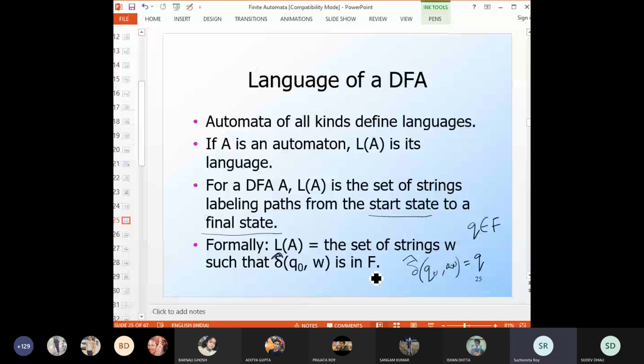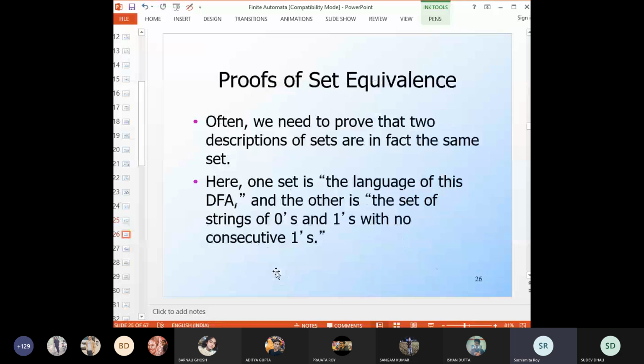The language of a finite automata, you know already, all those strings which it accepts. How you are going to define it mathematically, this mathematical definition, you should be able to read by now. I hope all of you can do that. Okay, now proofs of set equivalence, don't be worried about what the set equivalence means.